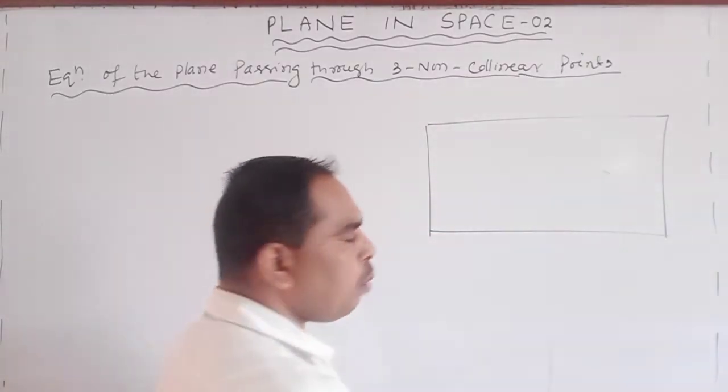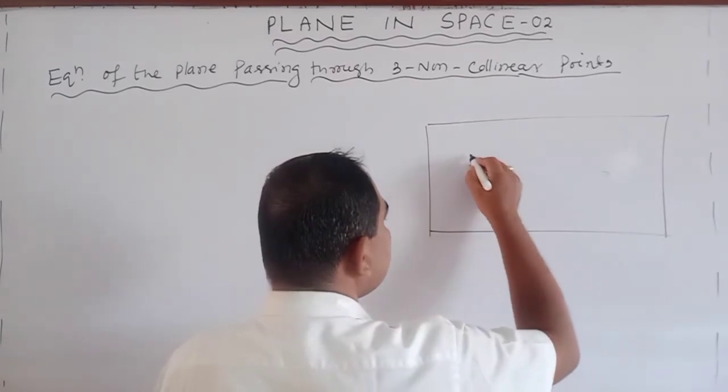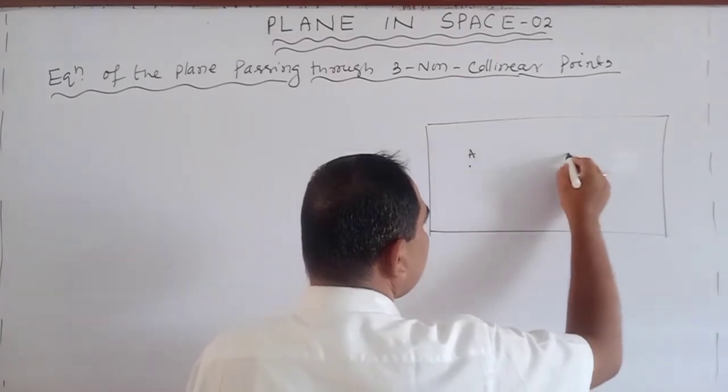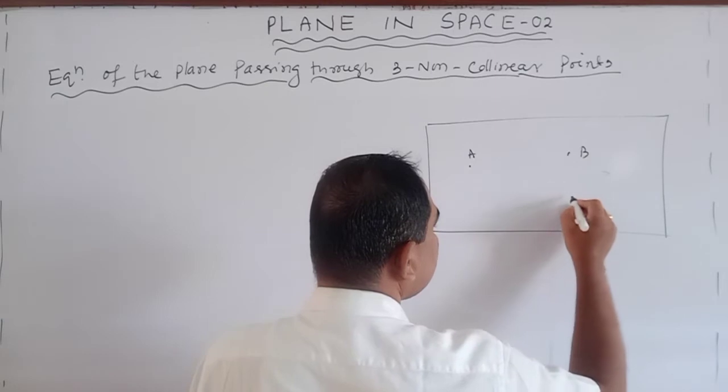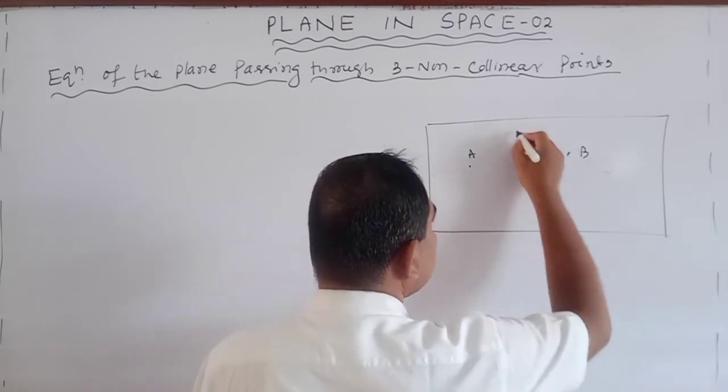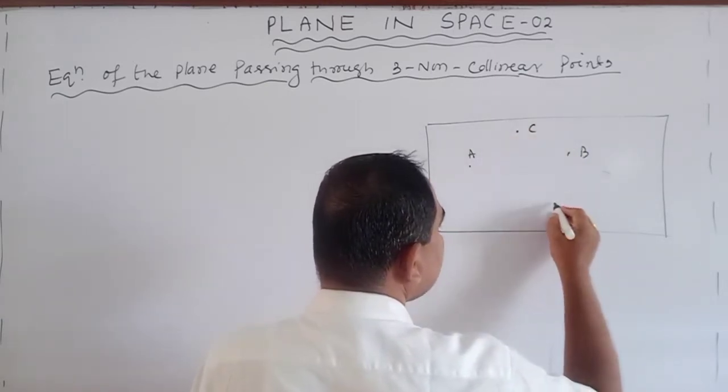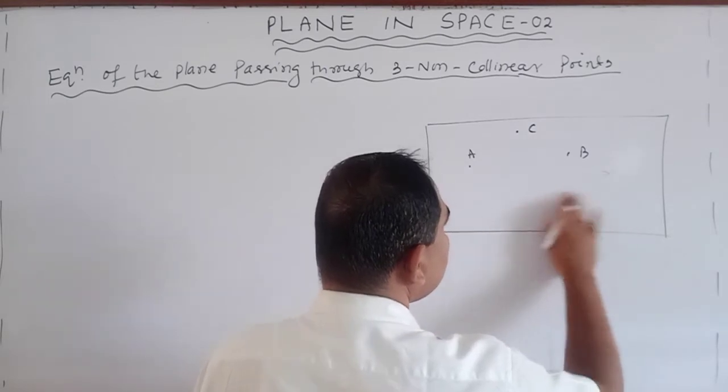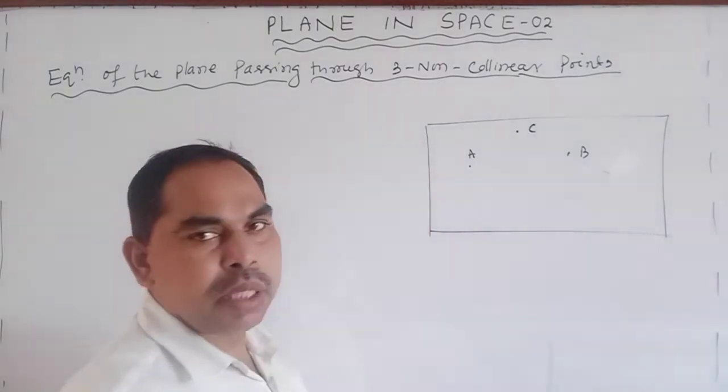Suppose the plane passes through three non-collinear points A, B, C.